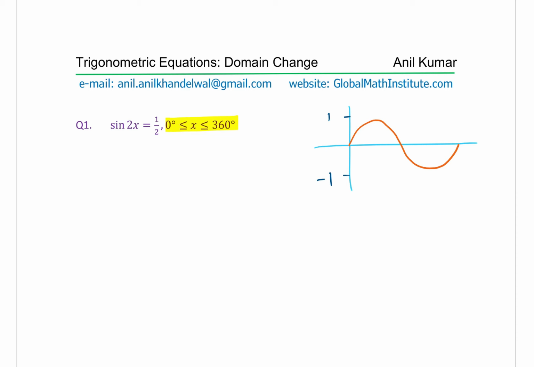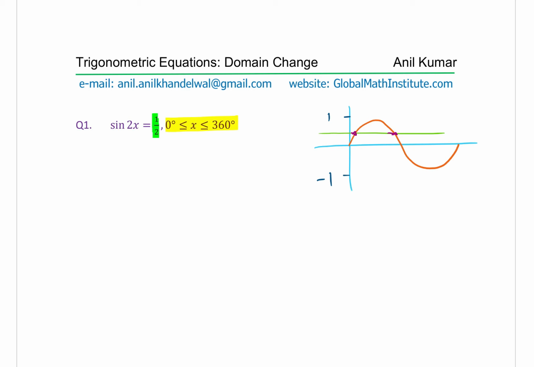Now when I say it is equal to half, it really means that if I draw a line at half, wherever the graph intersects, that should be my solution. Now this is the solution for sine x, not sine 2x. How do we get the solution for sine 2x? This is what the question is.